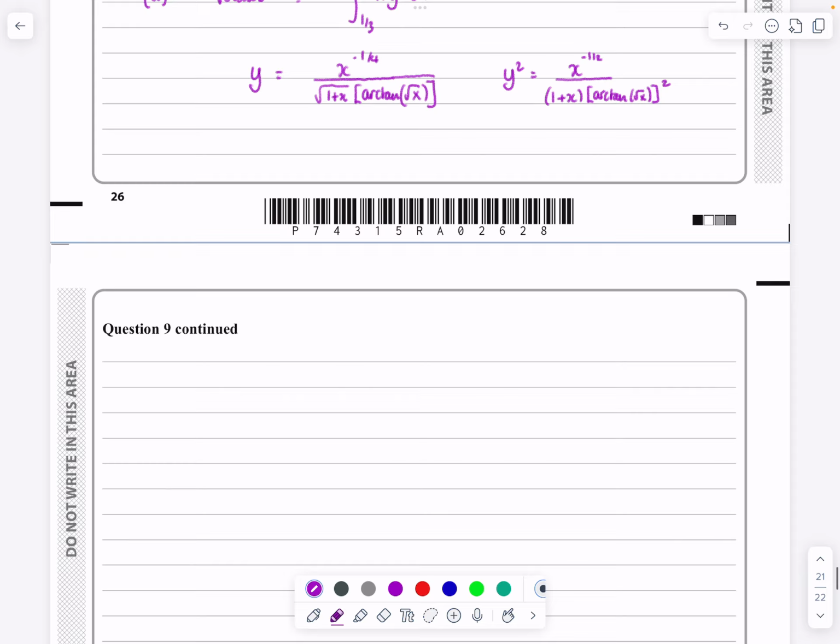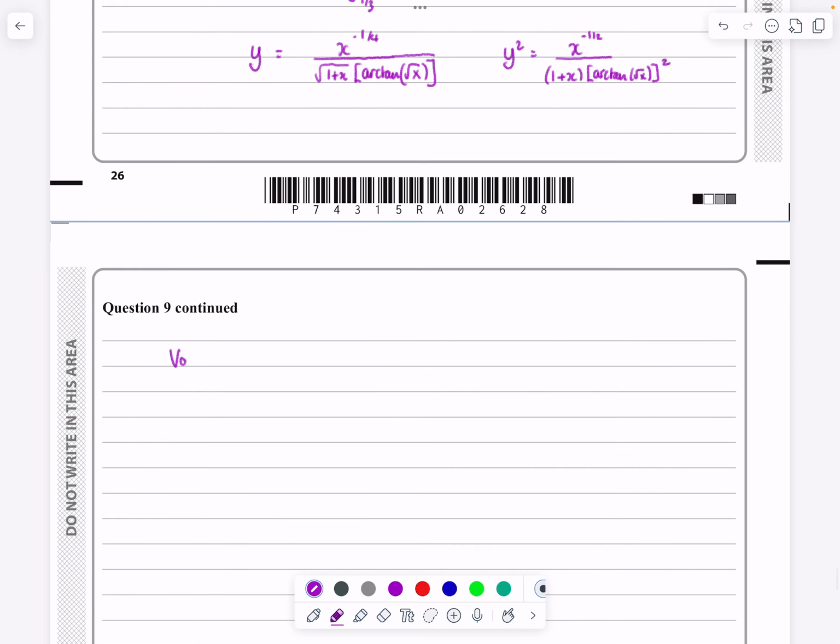Okay, so my volume is going to be the integral, again, between 3 and a third of pi y squared. Well, let's at least take the pi out to make it slightly easier for myself.